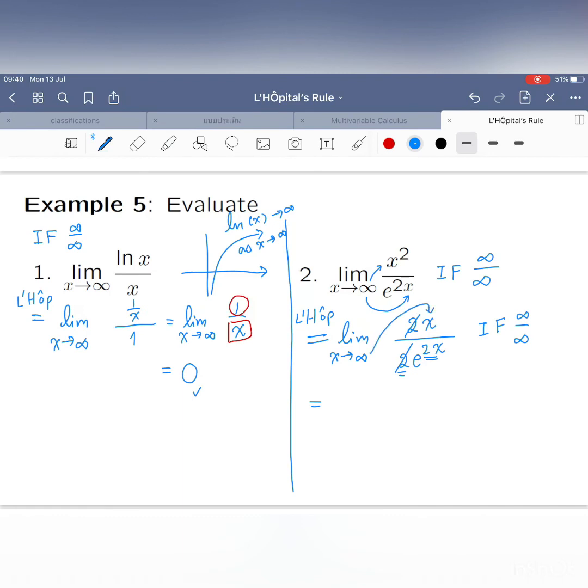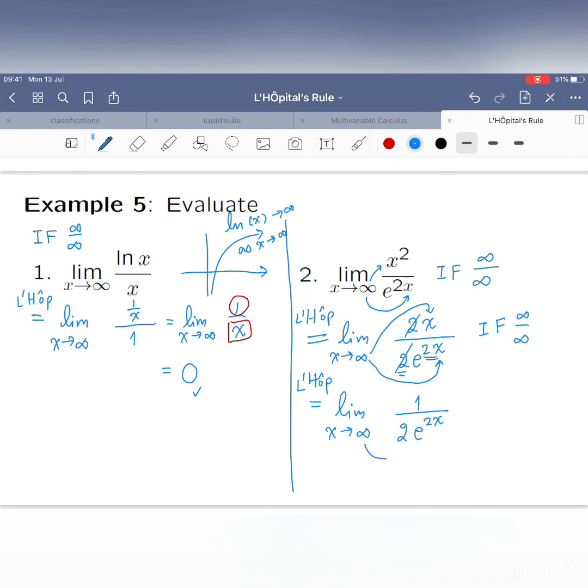So you can use L'Hopital one more time. The derivative of the top will be 1, the derivative of the bottom will be 2, multiplied by e to the 2x.